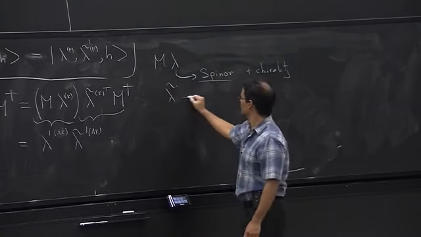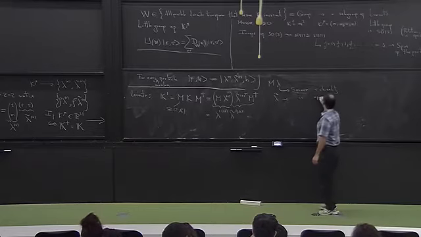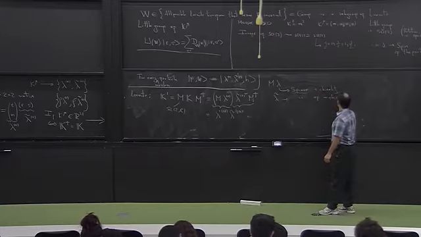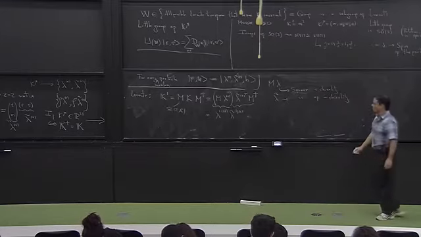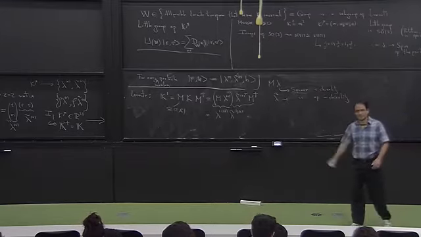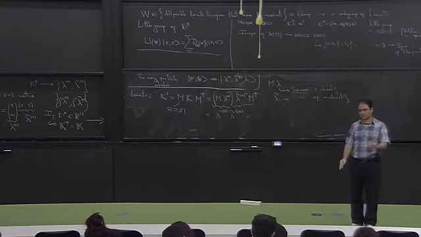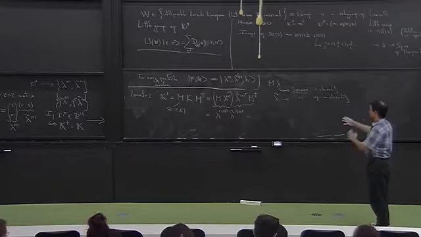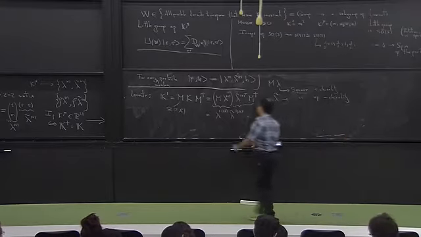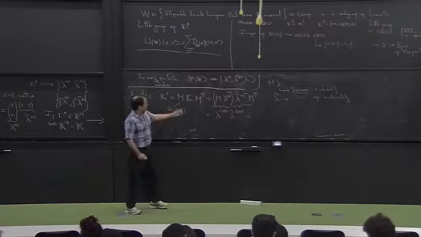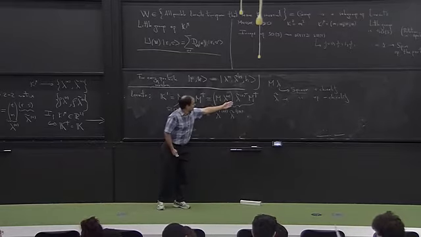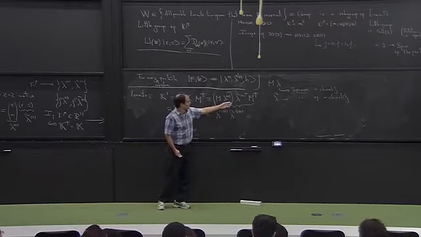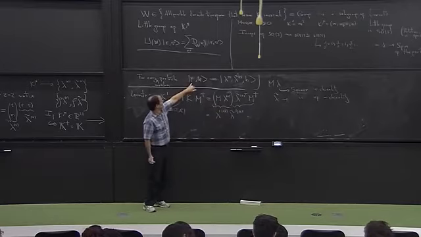So lambda tilde is now a spinor of negative chirality. So from now on, I'm going to call lambdas and lambda tildes the spinors of positive and negative chirality associated with a given vector.